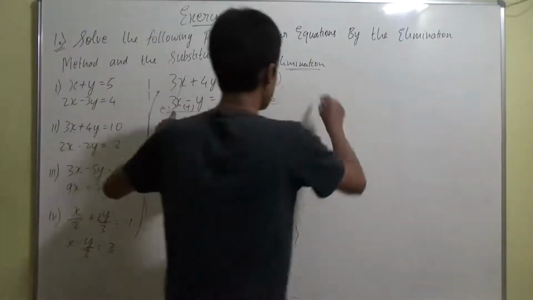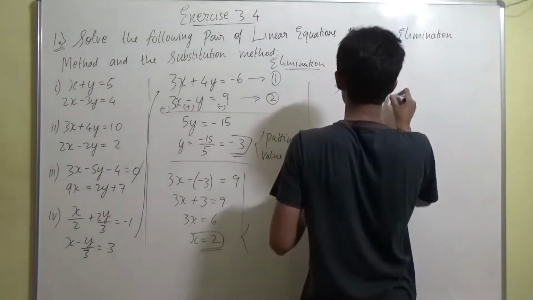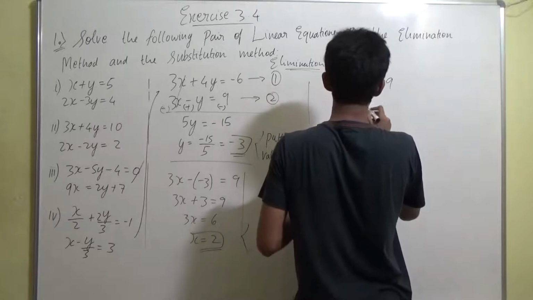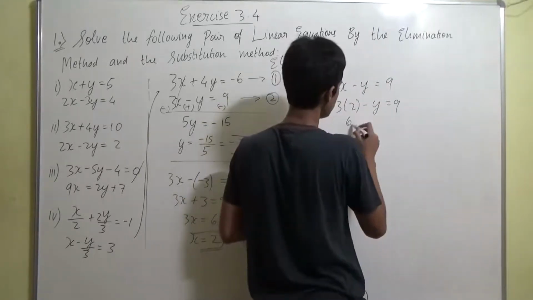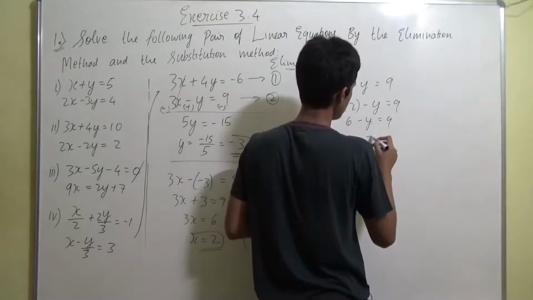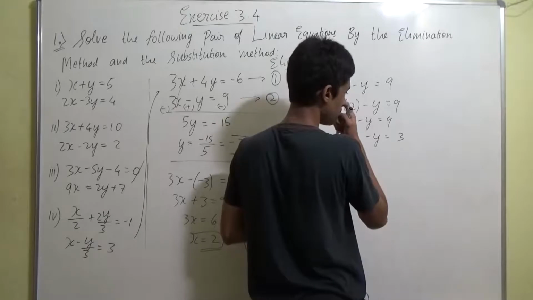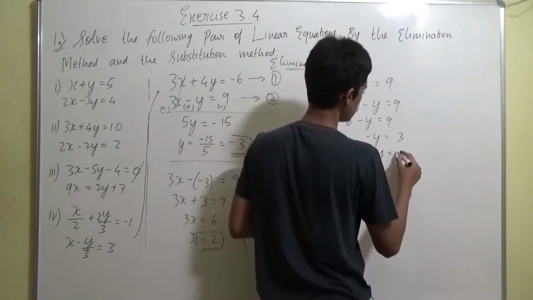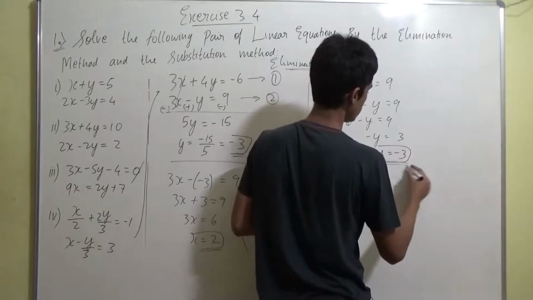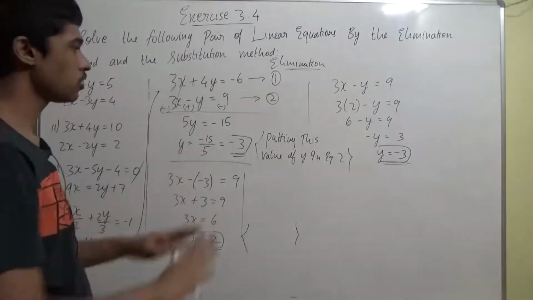It will become 3x minus y equal to 9. In place of x you put 2: 6 minus y equal to 9, which means minus y equal to 3. When 6 goes to the other side, it becomes minus 6, so 9 minus 6 becomes equal to 3. So y becomes equal to minus 3. That's it, guys. We got the value of x and we also got the value of y.